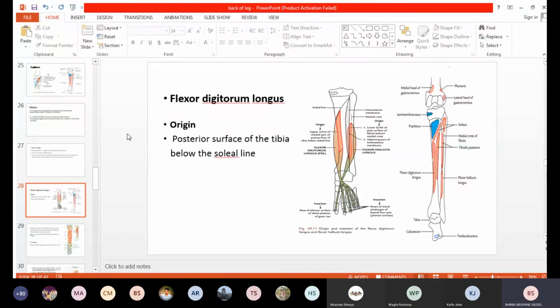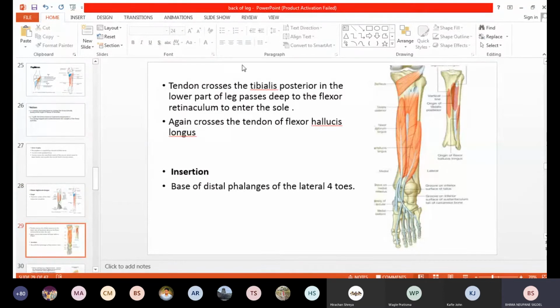After that, the tendon crosses the tibialis posterior.